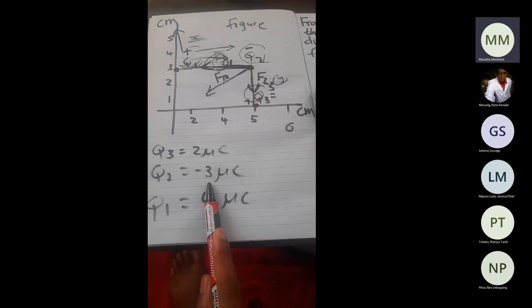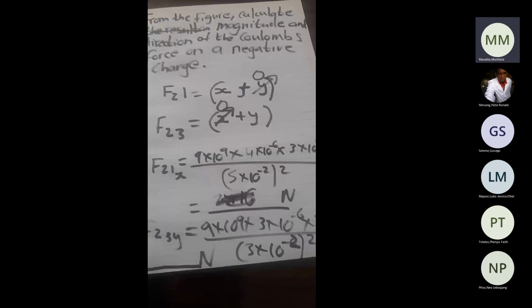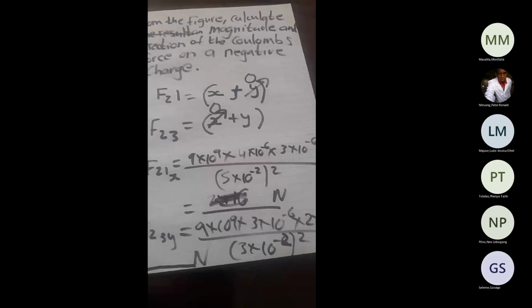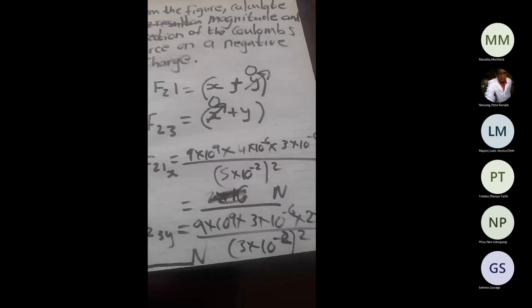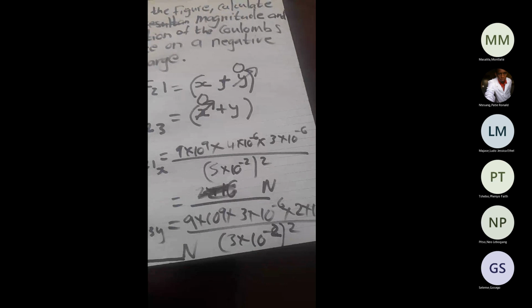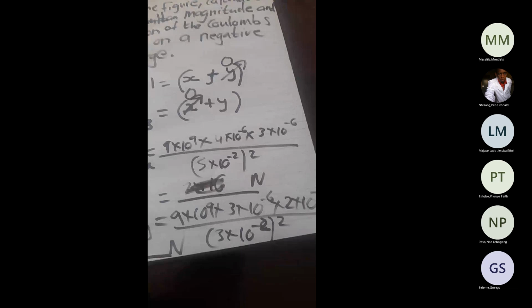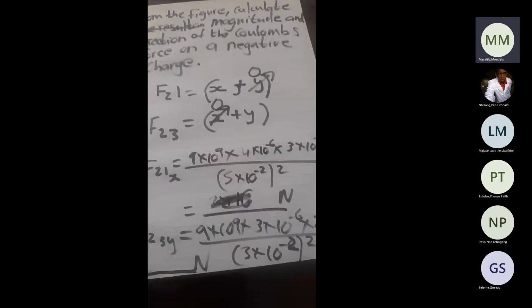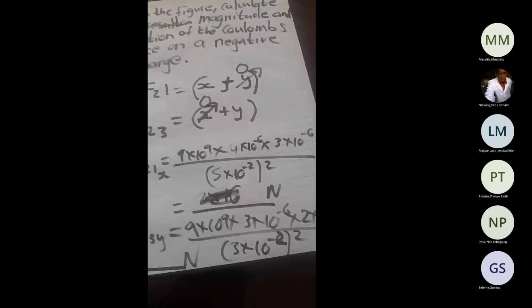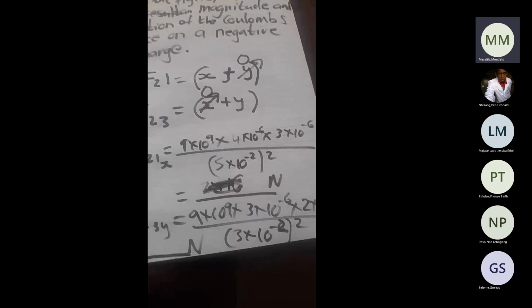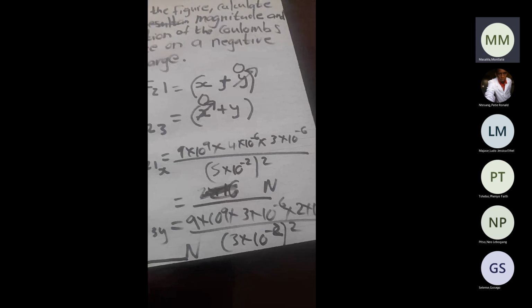Divided by, makes sense, right? 9 times 10 to the power 9 times 4 times 10 to the power -6 times 3 times 10 to the power -6.